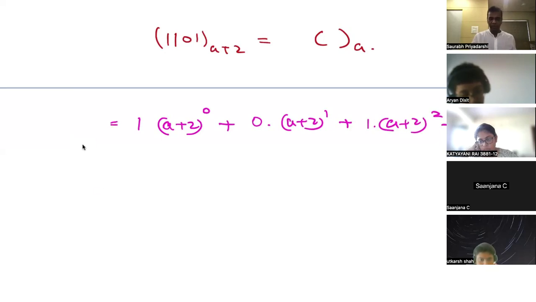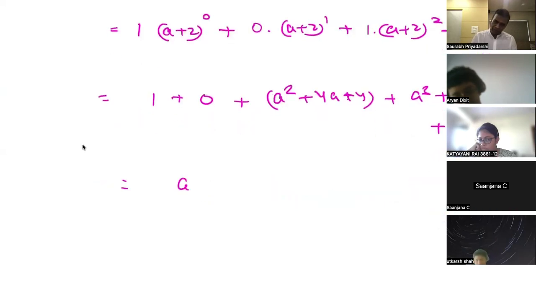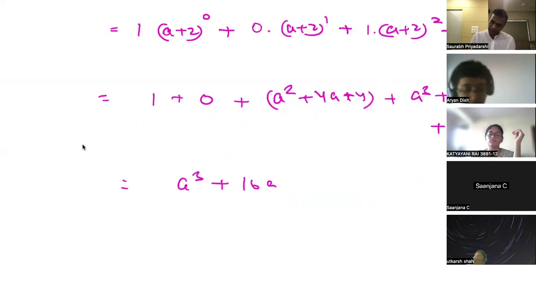So after solving this, what you are getting: this is 1 only, this is 0 only, this is A square plus 4A plus 4, plus A cube plus, this will be 3 into 4, 12, A plus 6, A square plus 8. So this is A cube plus 10A square plus, 6A square, no? 6 plus 1, 7.